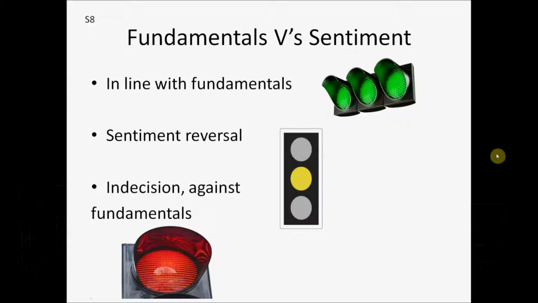We now know what our green light, our amber light, and our red light trades are. Trading in line with the fundamentals is for a safer trade. Trading against sentiment can also be very rewarding, but has a higher risk value. Indecision and then trading against the fundamentals is dangerous.